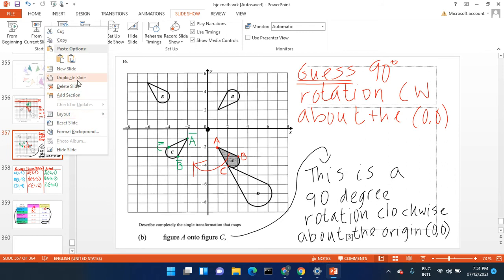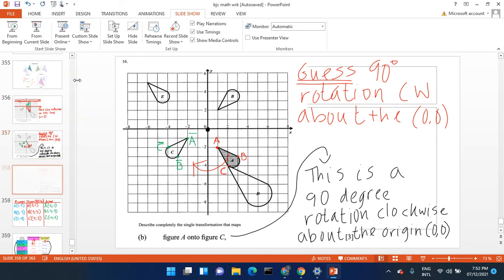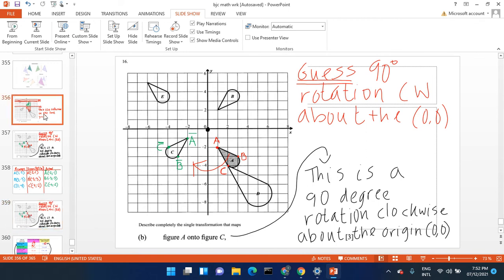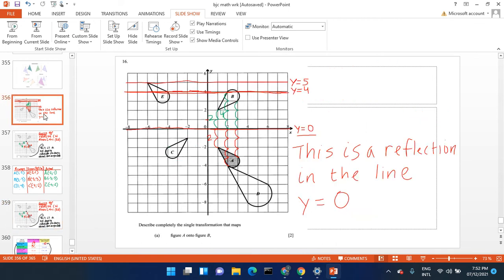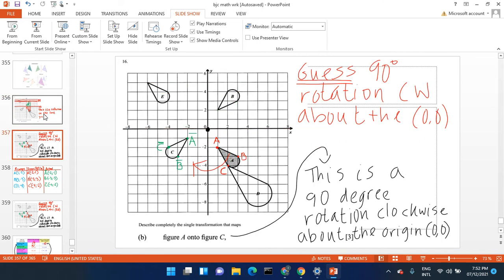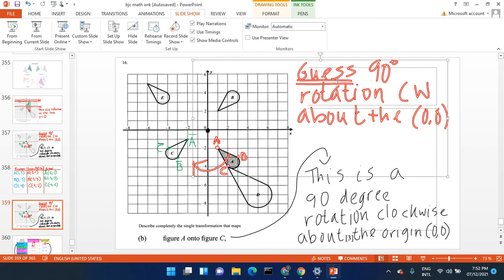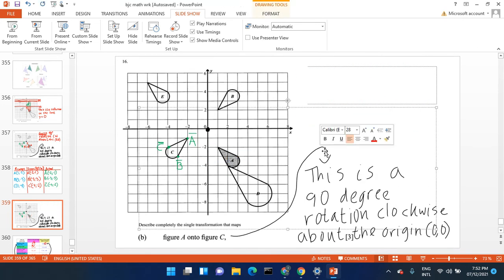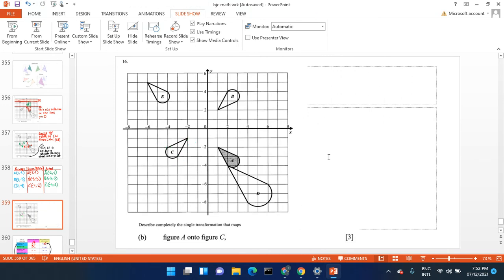So far we did a rotation, we did a reflection, we did a rotation. Now we are about to do a... we don't know what we're about to do because we don't know what it is. Either it's going to be a translation or it's going to be a dilation.